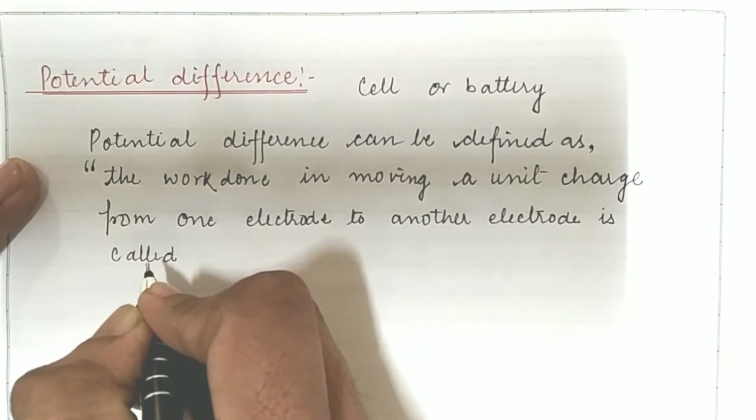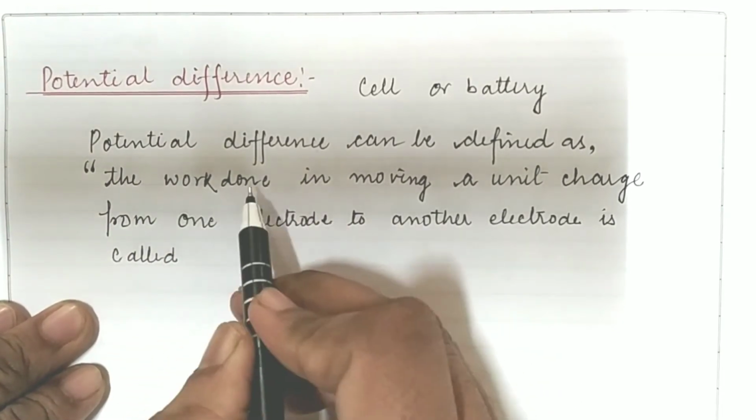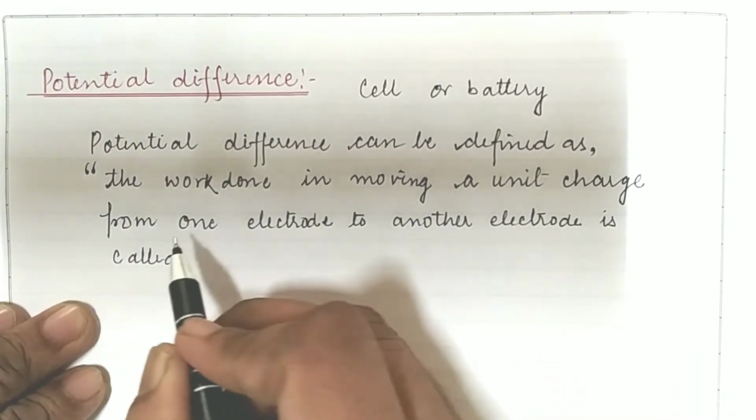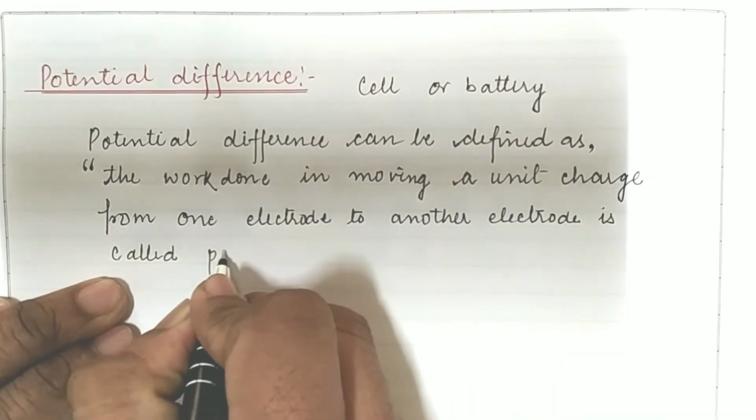That is what I have said here: the work done in moving a unit positive test charge from one electrode to another electrode is called potential difference.